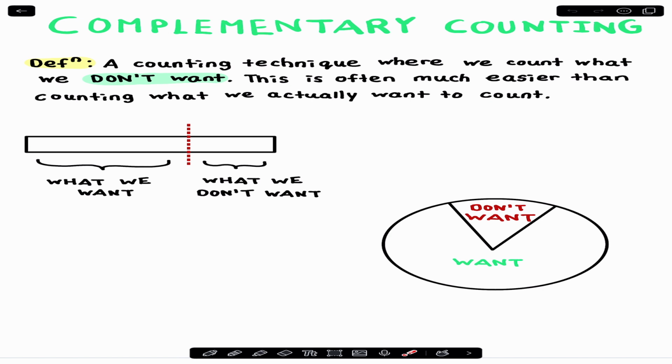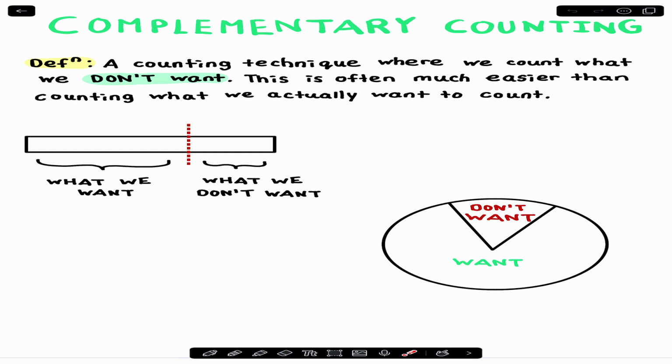Now, it doesn't matter which diagram you choose, but just try to stick to one and understand what the diagram is trying to say. In both diagrams, we have two parts, what we want and what we don't want. And we can see that the part that we don't want is a lot smaller than what we do want.